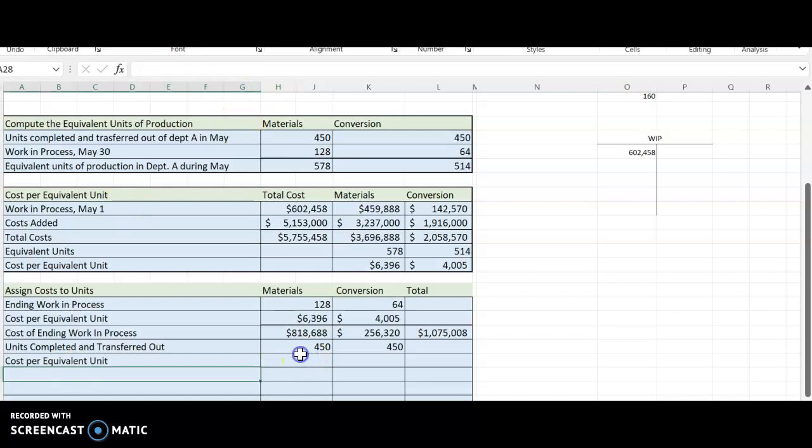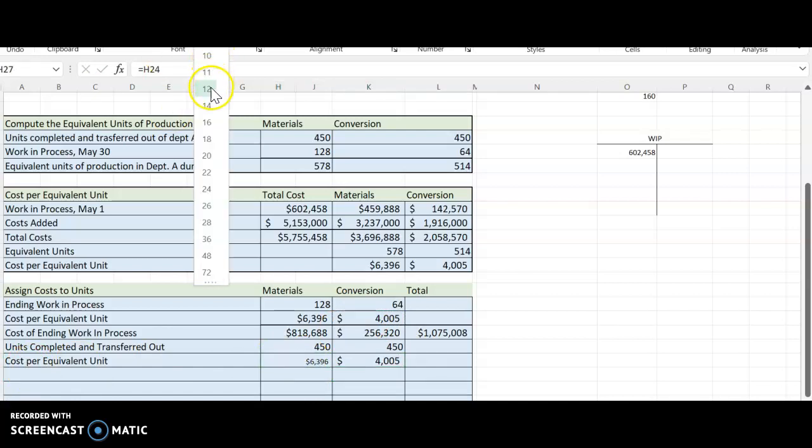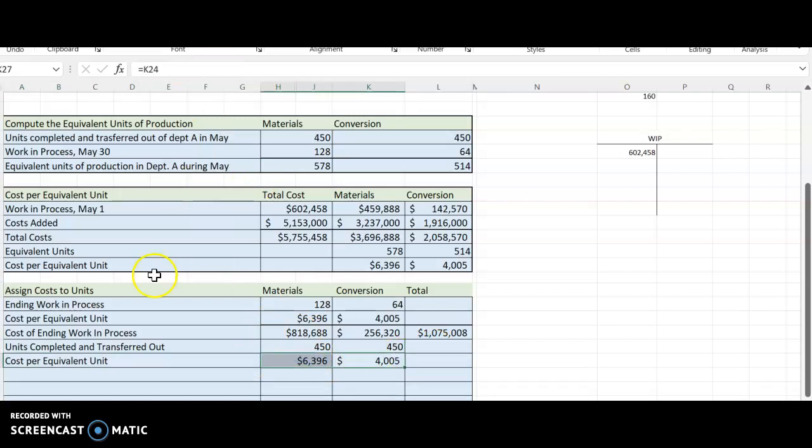Then we'll take our cost per equivalent unit, bring that down, and multiply to get our total cost for our units transferred out.